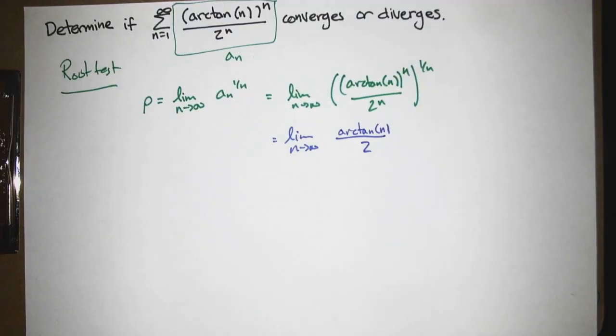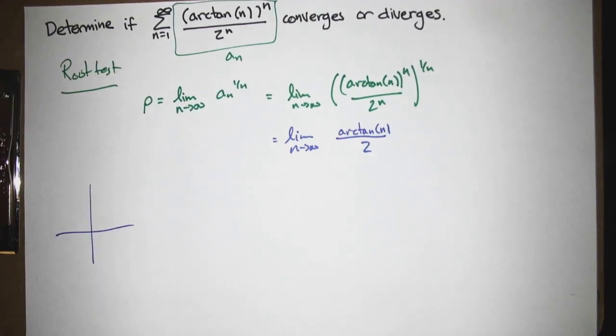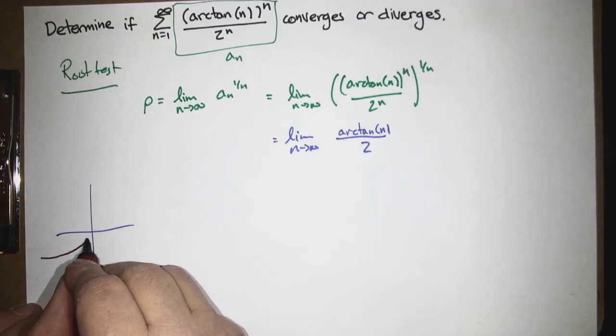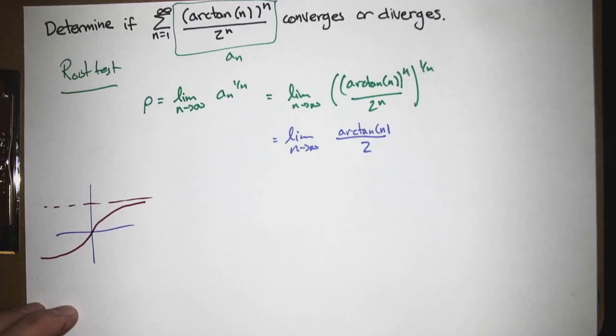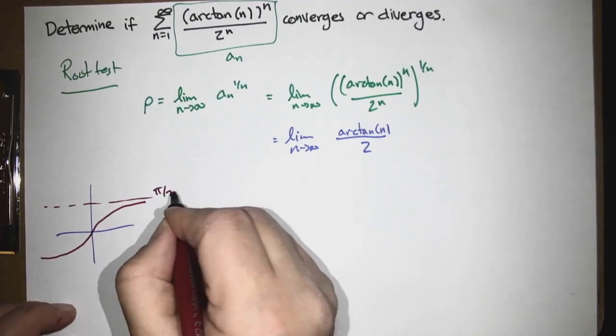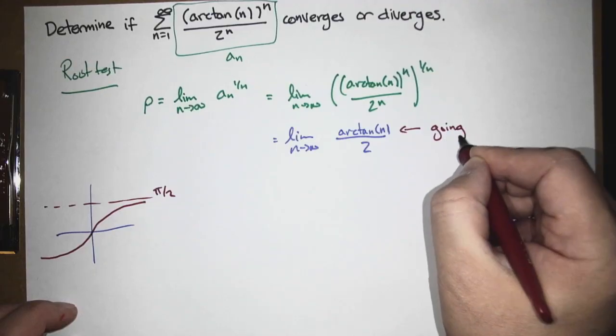Okay, so now we say, what happens to this expression as n goes to infinity? What's happening to arctangent? There's this asymptote. Somebody mentioned it. What was it? Pi over 2. So this part is going to pi over 2. So what's the limit?